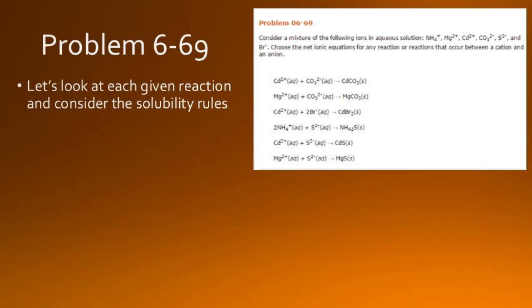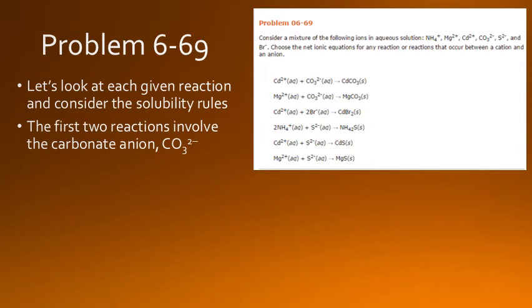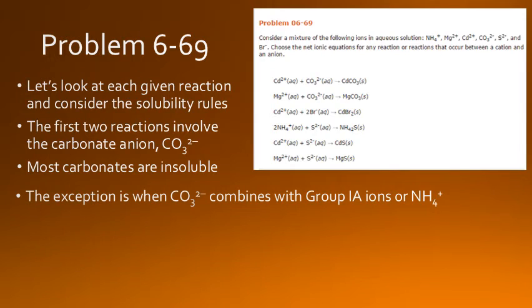So this is an application of the solubility rules. Which of these combinations of cations and anions will be solid and fall out? So the first two reactions, let's look at each reaction at a time, involve carbonate. Most carbonates are insoluble, except when combining with group 1A or ammonium.